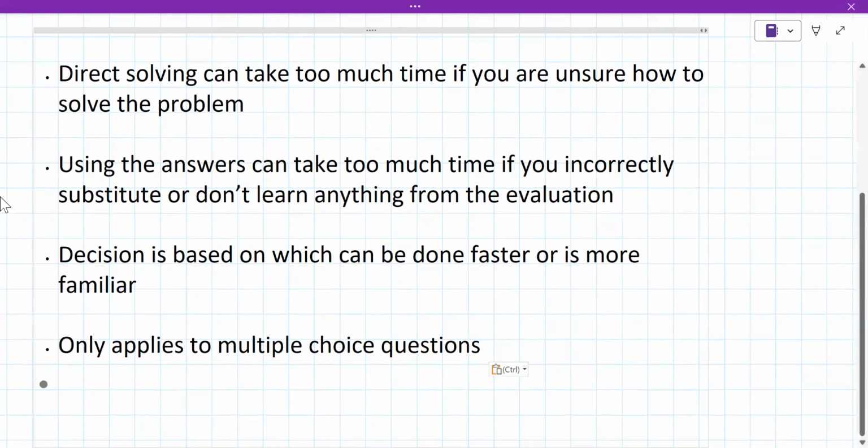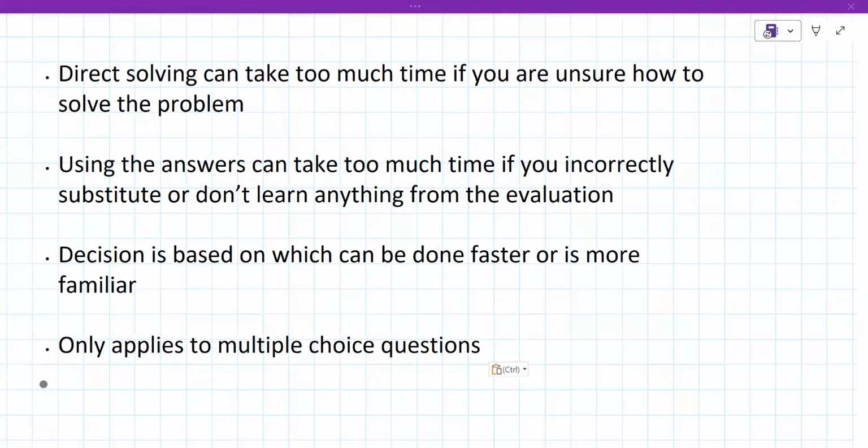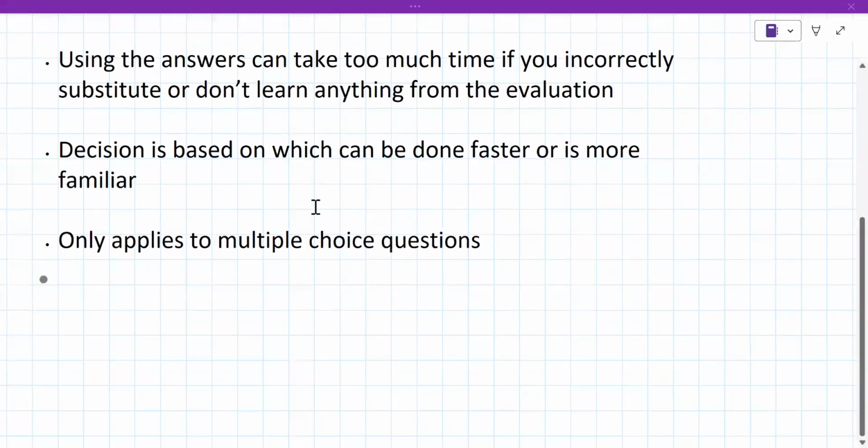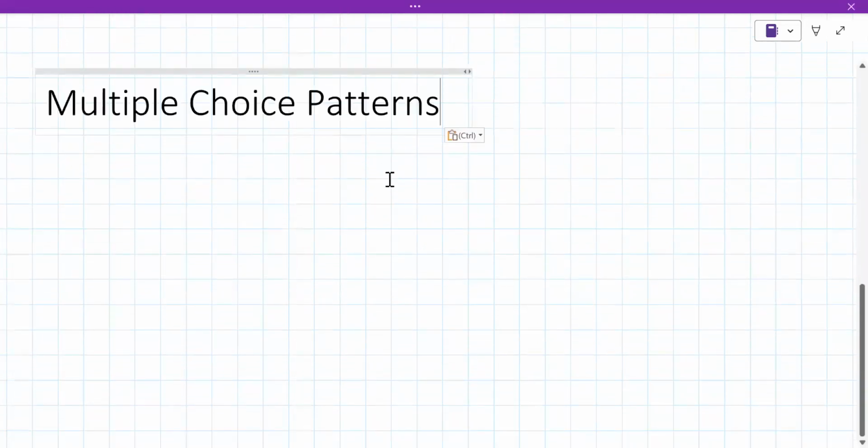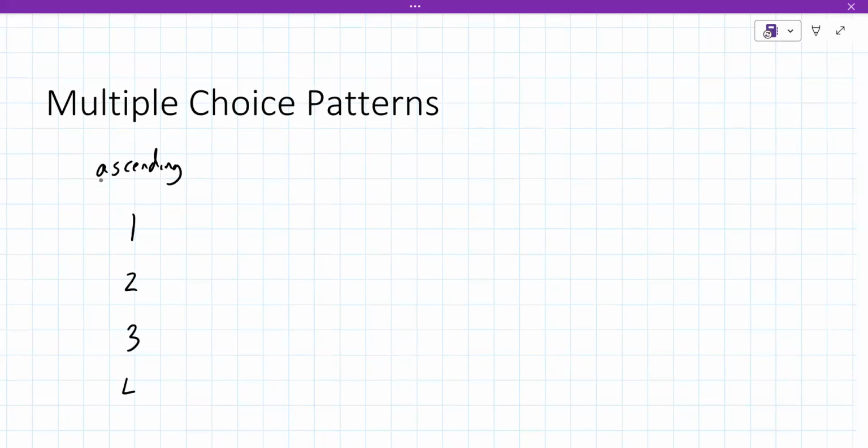But we're going to look at the types of answers that you might see on standardized tests, because they're all patterned. They're not random. I'll just say that. So the first type that you might see is some sort of ascending answer, like 1, 2, 3, and 4.